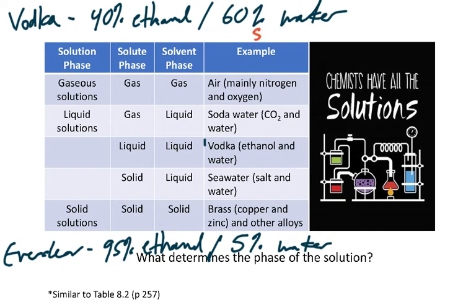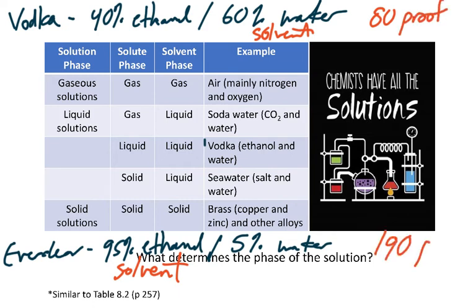So it's the major component. Water is not always the solvent. By the way, vodka is 80 proof, and Everclear is 190 proof, and then the percent alcohol is half that number, so that's why it's 40% and 95%.